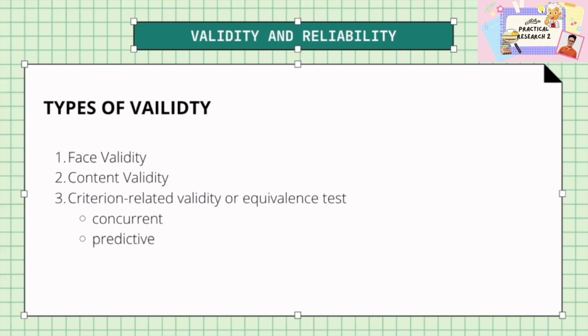So there are types of validity. First, we have face validity, also known as logical validity. Face validity involves an analysis of whether the instrument is using a valid scale. Okay. The procedure calls only for intuitive judgment.